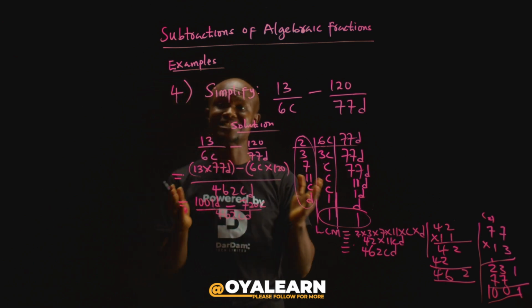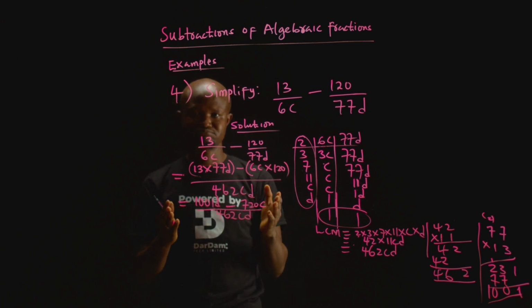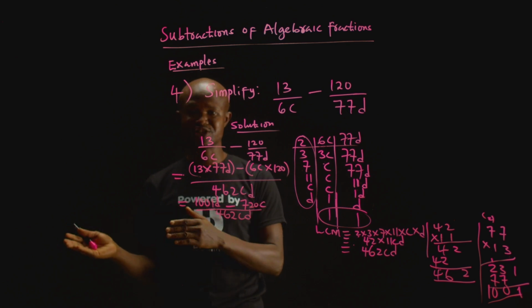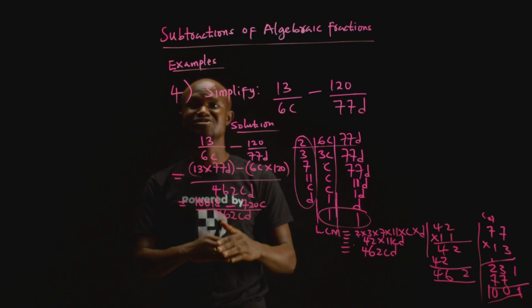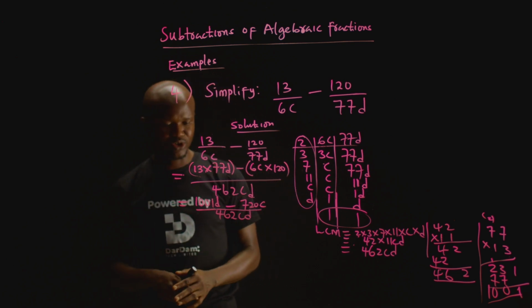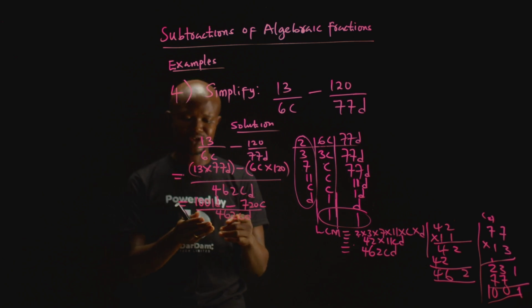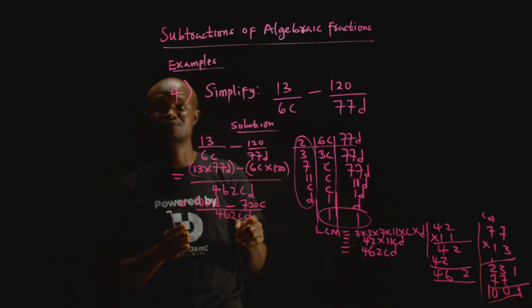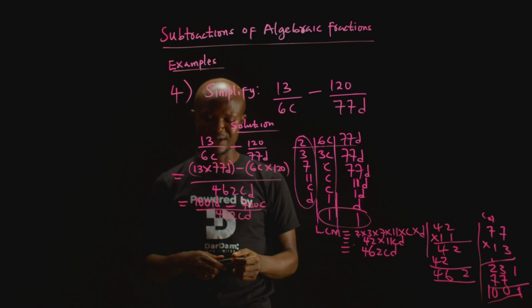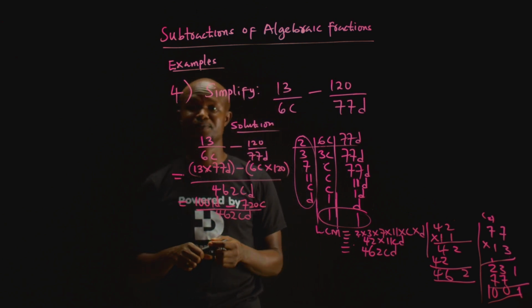Now, since they are unlike terms, you cannot add them or subtract them. So at the end of everything, we can say that the answer is 1001D minus 720C, divided by 462CD. That is the solution to the problem. Thank you.